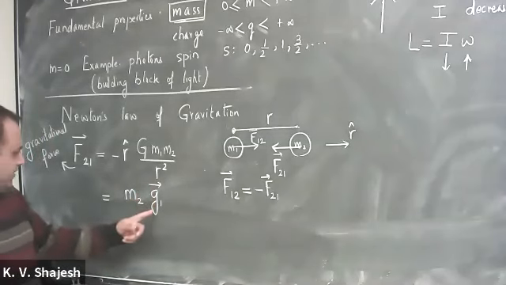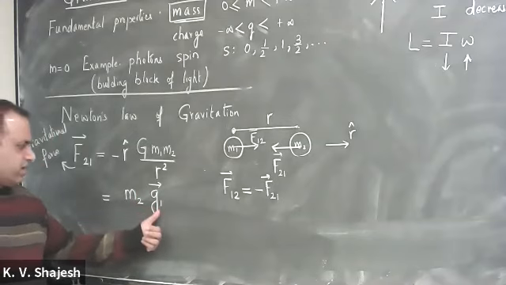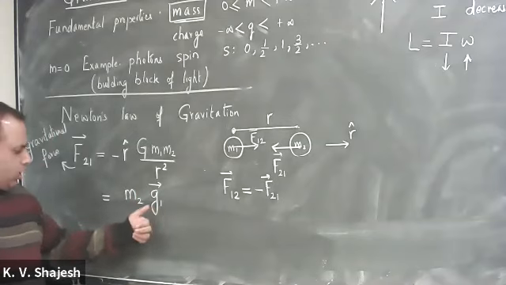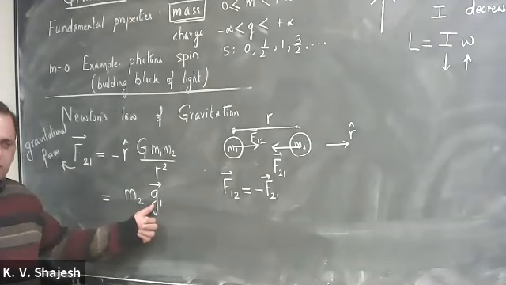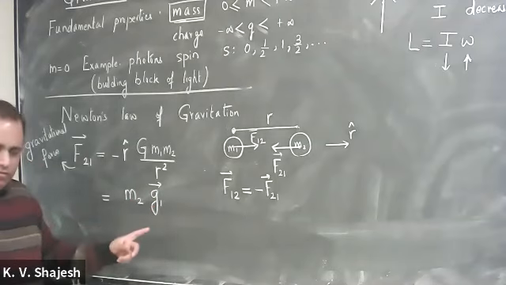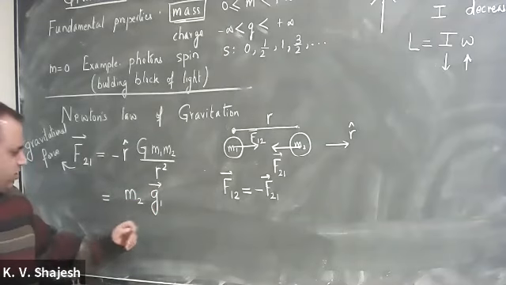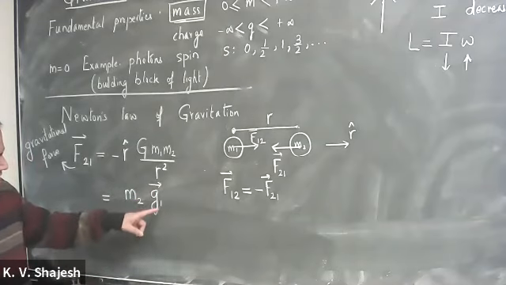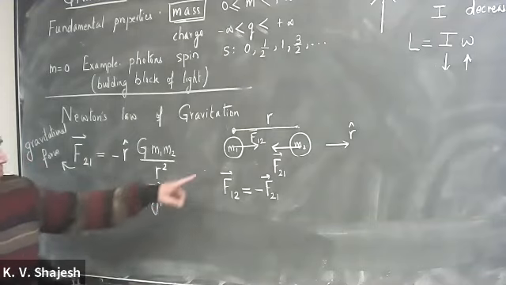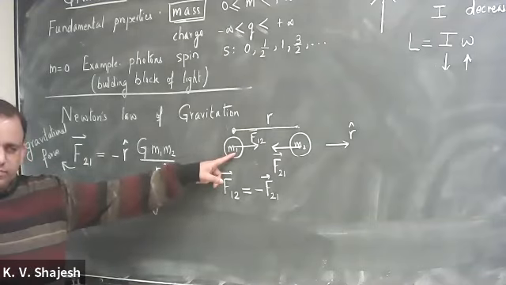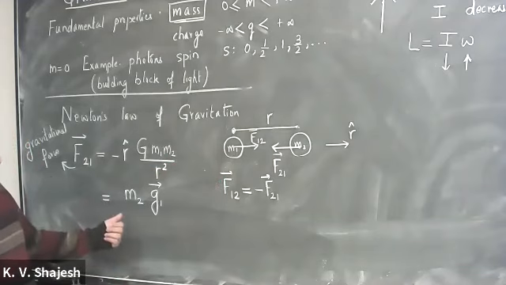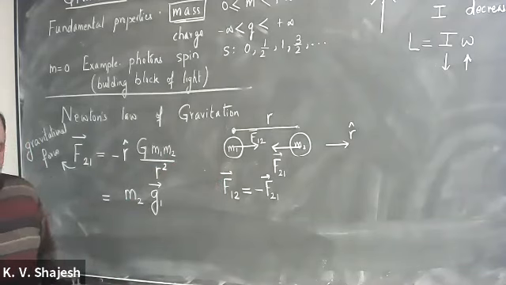Now what we are saying is that there is a gravitational field. Earlier we called this the acceleration due to gravity, which is indeed the case if that is the only force acting on it. But that's not going to be the case. In general, we would say there is a field generated by mass 1, and m2 experiences this field.